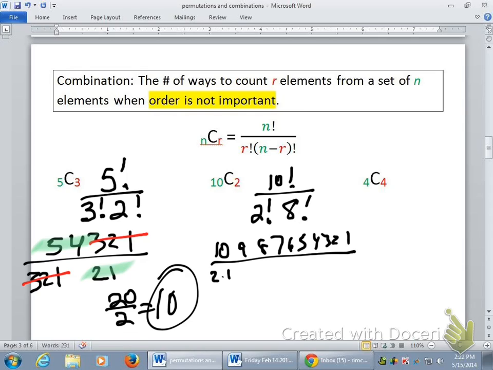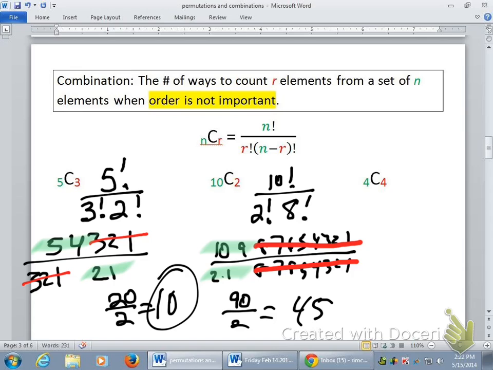Over, here's a 2 and a 1. And here's an 8, 7, 6, 5, 4, 3, 2, 1. And do you have some things that cancel? Sure, everything from 8 down cancels. But you still have 2, 1 on the bottom, right? So basically this is 10 times 9 is 90, divided by 2 times 1 is 2. 90 divided by 2 is 45.